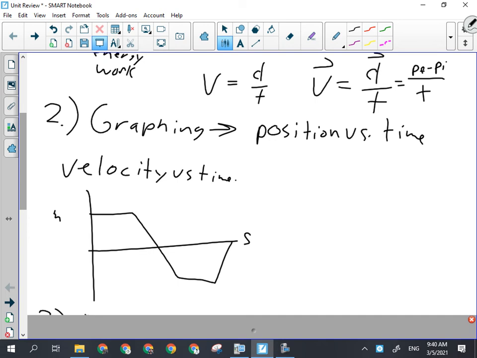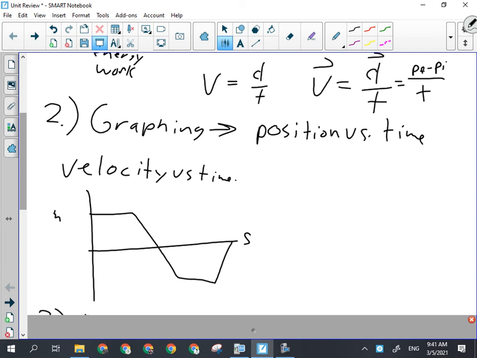Would you be able to calculate that from the graph? How far does it go here? I know there's no numbers on the graph, but you can still tell me how far it goes during this part. 0, right, the line's flat, position's not changing, so it didn't go anywhere during that part. And then you can figure out, it went this far, and then it didn't go anywhere, and then it went back this far. That's calculating the distance.